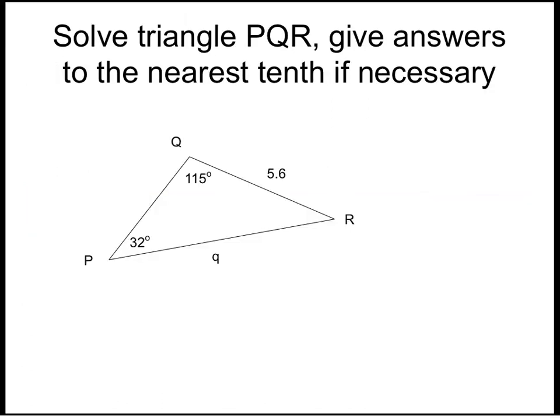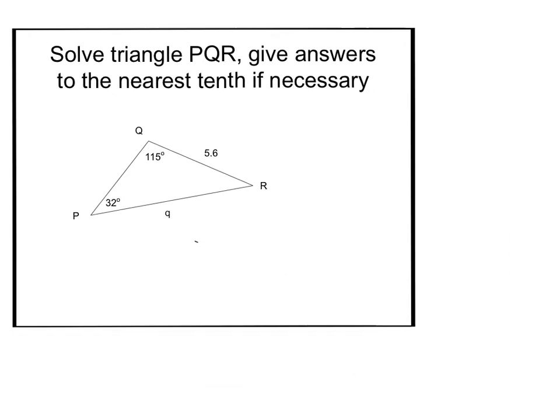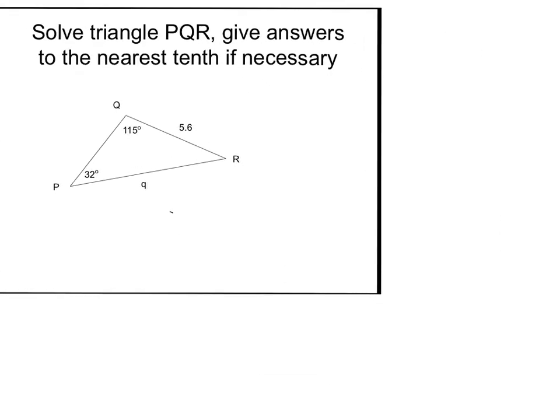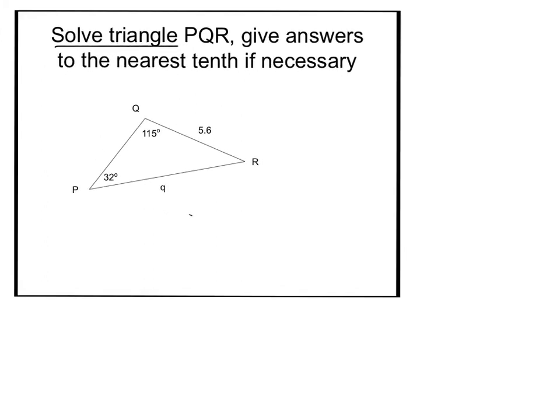So here we go. Let's solve the triangle. When I solve the triangle, I need to find all of the missing information, so missing sides and missing angles. I need to find angle R, side r, and side q.